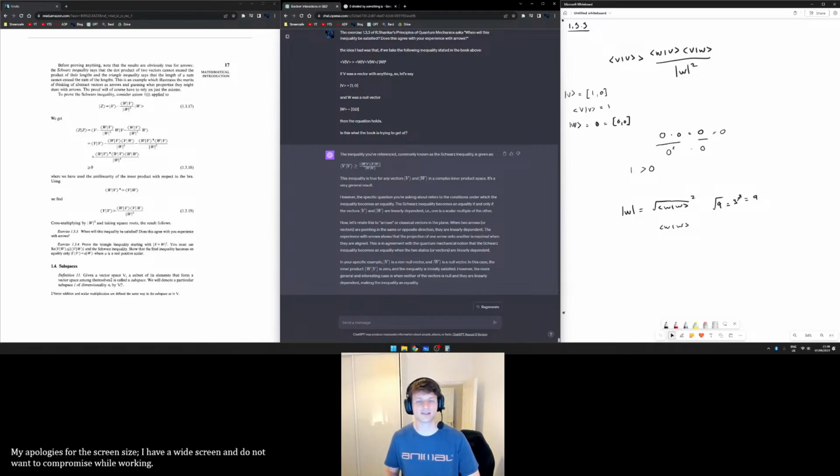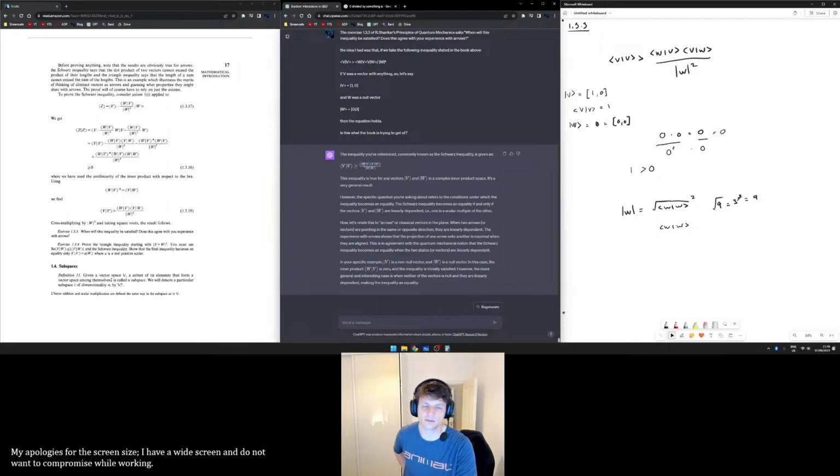Now let's relate this to arrows or classical vectors in the plane. When two arrows or vectors are pointing in the same or opposite direction, they are linearly dependent. The experience with arrows shows that the projection of one arrow onto another is maximal when they are aligned. This is in agreement with the quantum mechanical notion that the Schwarz inequality becomes an equality when the two states or vectors are linearly dependent.